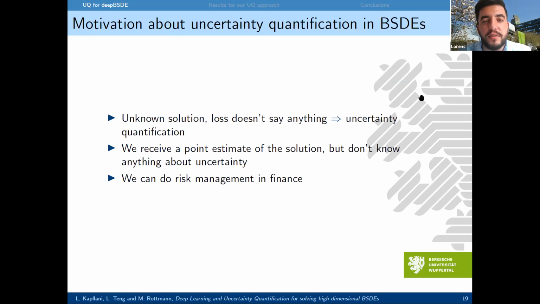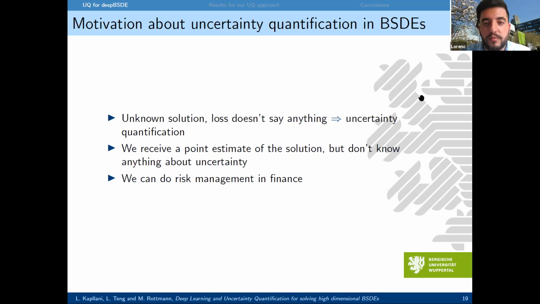Okay, so the motivation is that, of course, we don't know the solution, and another thing is that the loss that we get from these deep learning approaches does not tell us anything about the uncertainty in the approximate solution that we get. Therefore, we need to do uncertainty quantification. Moreover, when we solve this kind of problem, we just receive a point estimate of the solution, and we don't know anything about the uncertainty.